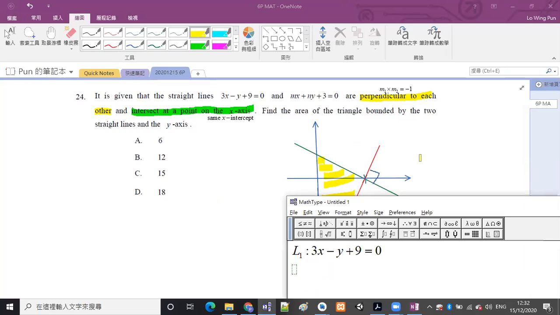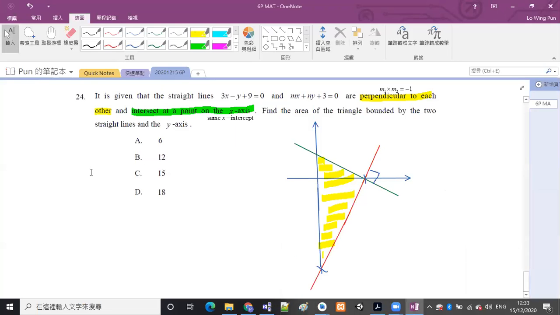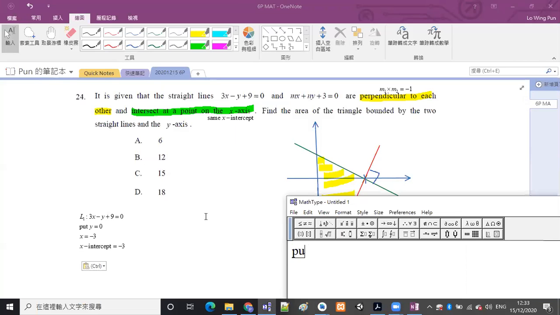9 equal 0。陣間我哋要揾晒嗰三樣嘢出嚟先。OK，put y 等於0，我哋想揾 x intercept 嘅話就係 put y 等於0，and then we can find that x is equal to -3。That is the x intercept is equal to -3。Okay, and then put x to be 0, and then we will find that y is equal to 9.